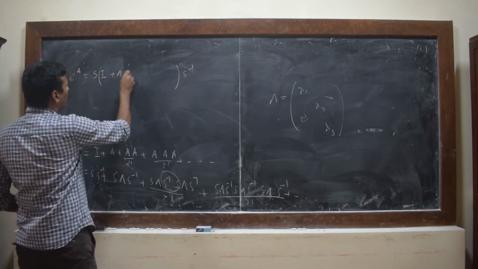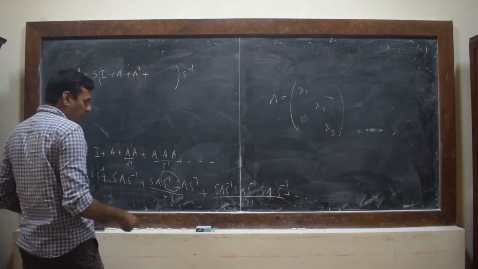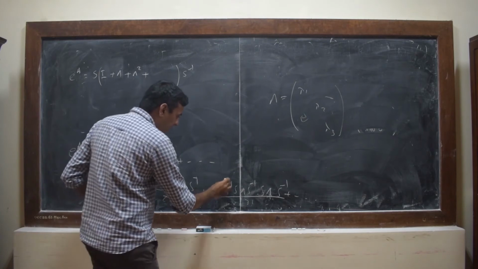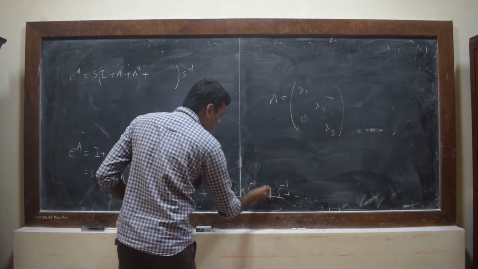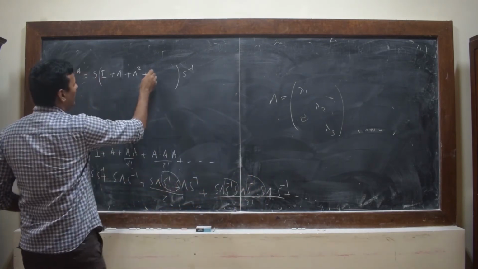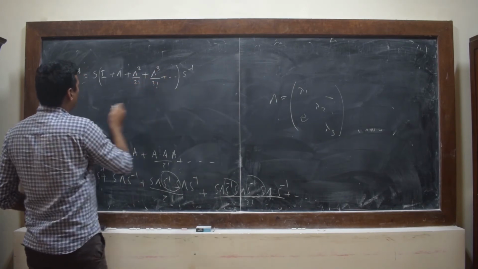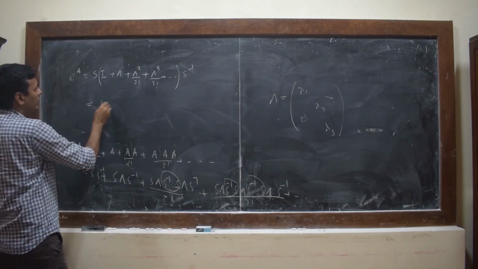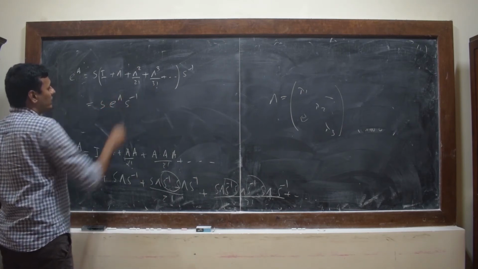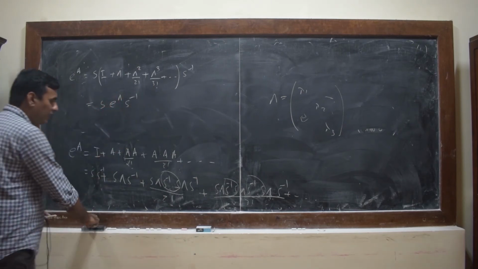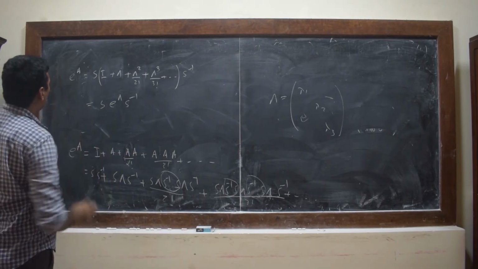So, you will have lambda plus lambda squared divided by 2 factorial. In the next term, this will be identity and this will be identity, so lambda cubed by 3 factorial plus etc. This is equal to S into e raised to lambda S inverse. And this will be e power A.